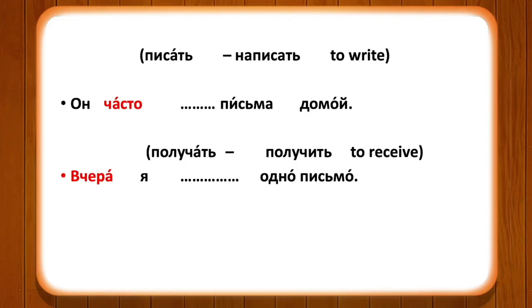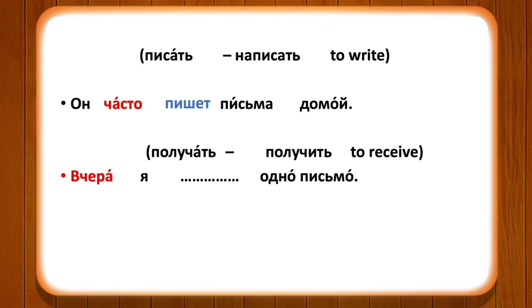Again, this use of the adverb indicates an action that is taking place more than once, which is a habitual or a regular action. To denote such actions, we use the imperfective verb, which is писать. We conjugate it according to the subject он. So он часто пишет письма домой. He often writes letters home.